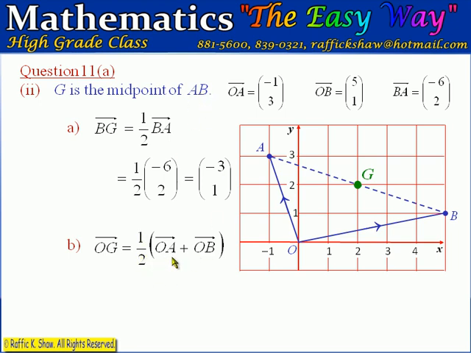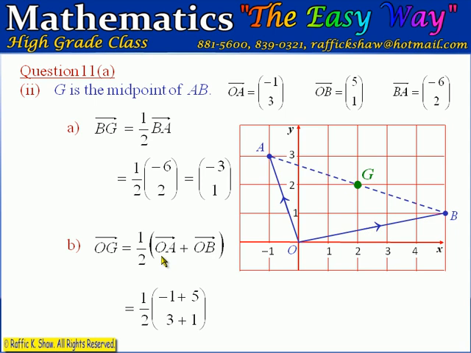So that's half the position vector of A plus the position vector of B. That's the midpoint formula. So all we need to do is substitute the matrix for OA and the matrix for OB here, and that will give us the position vector of G, which is OG.